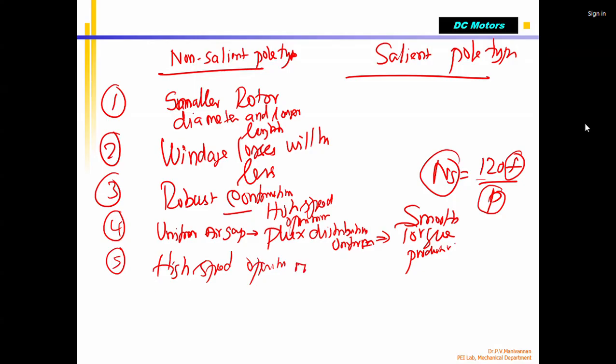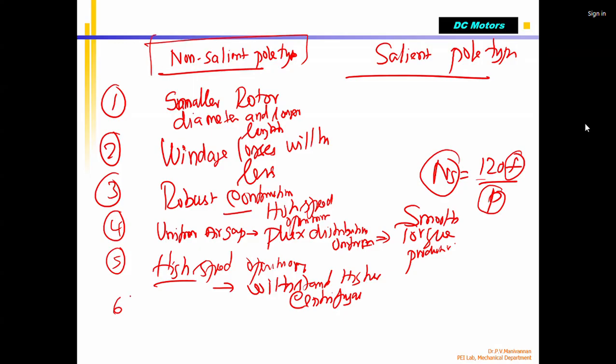Because it can withstand higher centrifugal force. For a rotating object, since there is no projection and it is a solid uniform shape, it can withstand it. So for high speed operation, you have to go for non-salient pole type only.